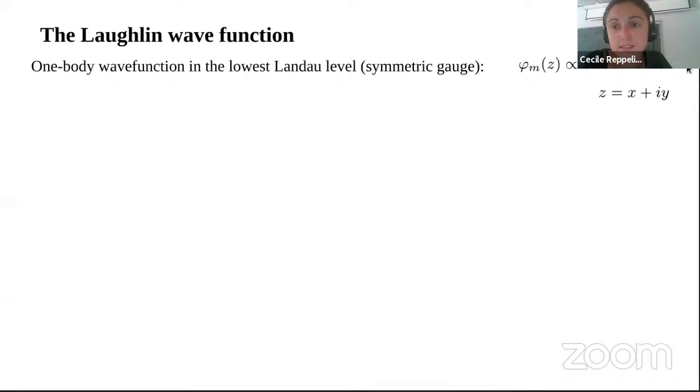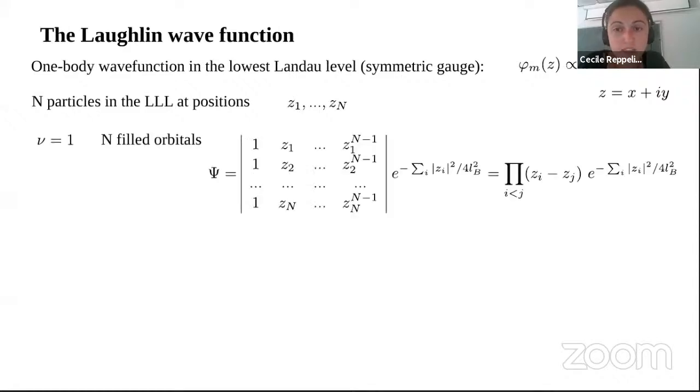They can be written as the complex coordinate z to the power m, where m is the single-particle angular momentum, times a Gaussian factor that is written here. Now I'm going to consider N electrons in the lowest Landau level at positions z_1 to z_N. I start with the simplest many-body state that I can write, which would be the integer quantum Hall effect at nu equals 1.